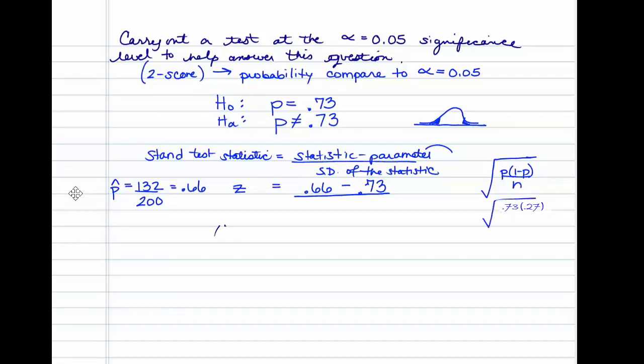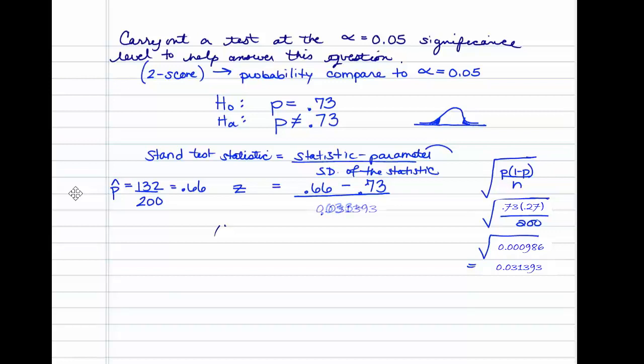Now the difference between this is that we're assuming the null hypothesis is true. So we're going to use 0.73 and 0.27 in our standard deviation over 200, where then we get 0.000986, and we end up with about 0.031393.